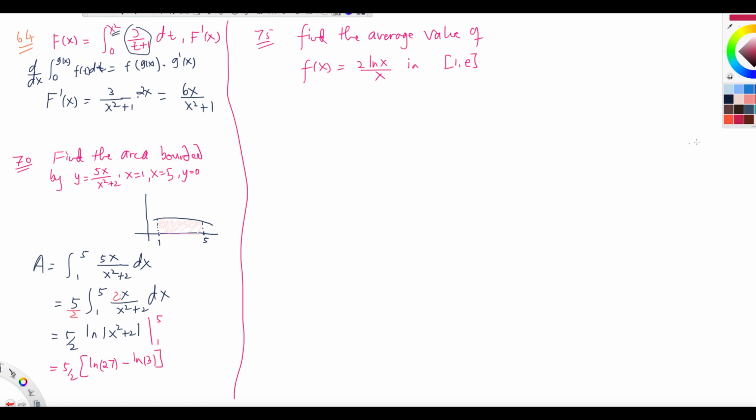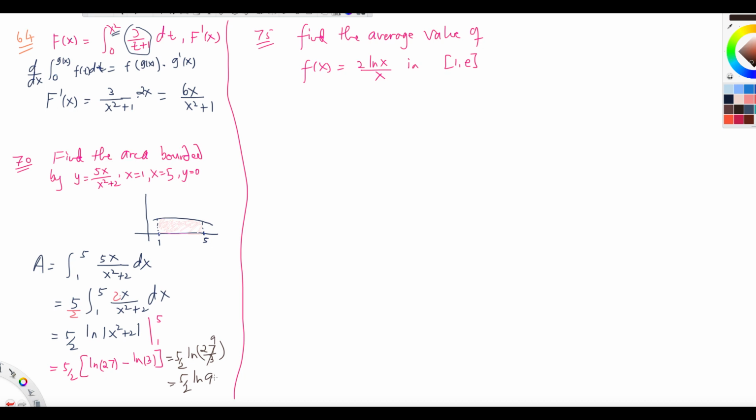Do you remember the properties of the natural log? Natural log of x minus natural log of y is natural log of x over y, right? So 5 over 2 is there, natural log of 27 over 3, that is 9. So natural log of 9, just keep it: 5 over 2 natural log of 9.